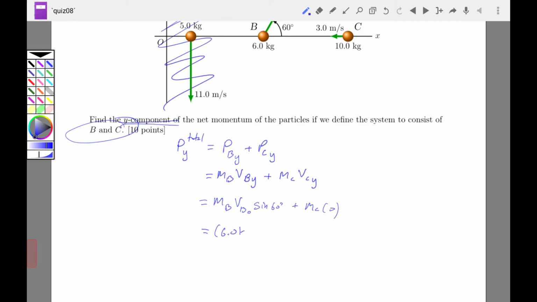So 6.0 kilograms times 10 times sine of 60 degrees, 6 times 60 sine, is 51.96 kilograms meters per second.